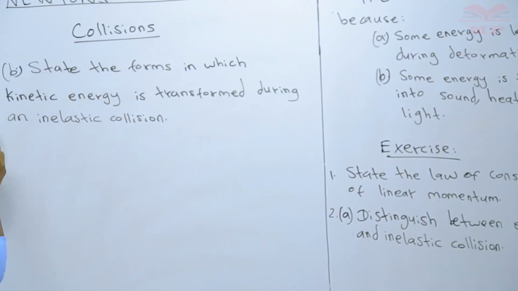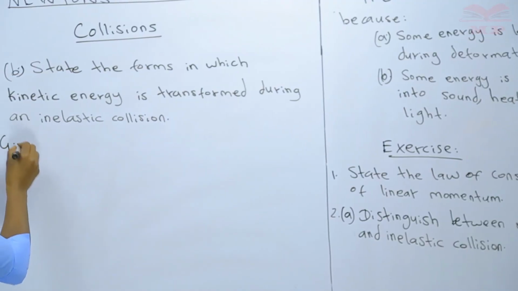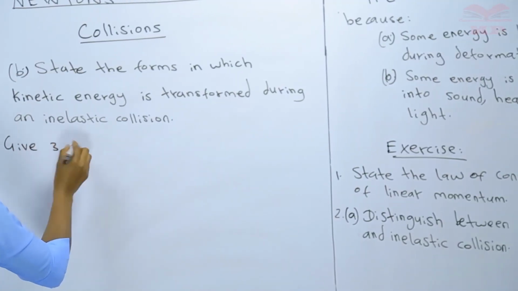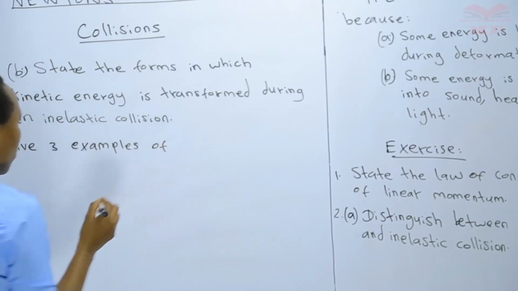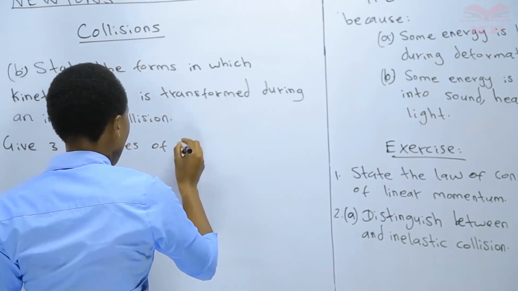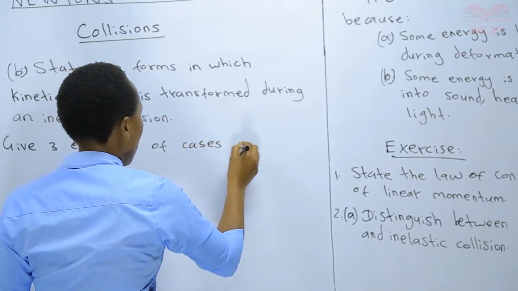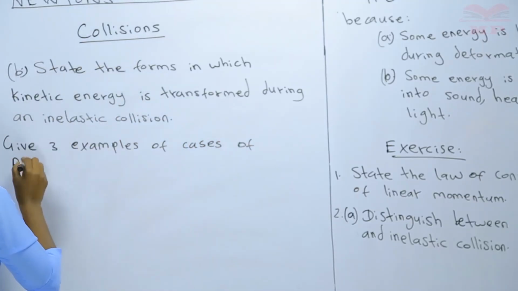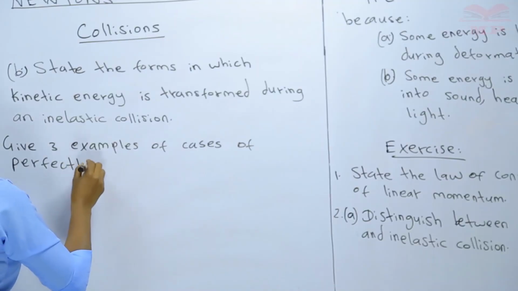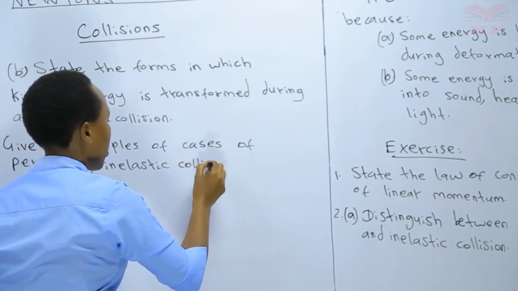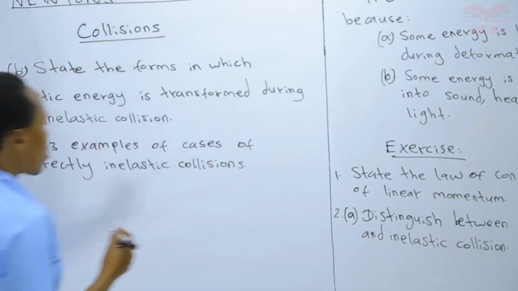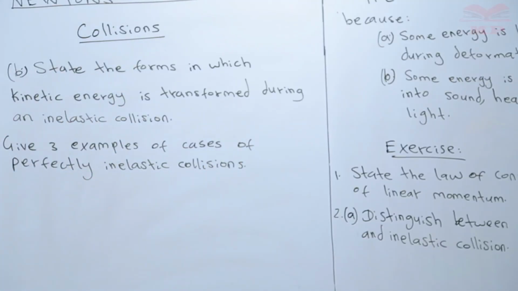Then finally, number 3: give 3 examples of cases of perfectly inelastic collisions. So you give 3 examples of the cases whereby we find perfectly inelastic collisions.